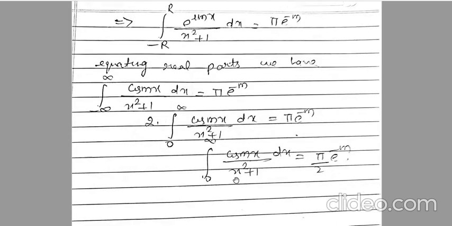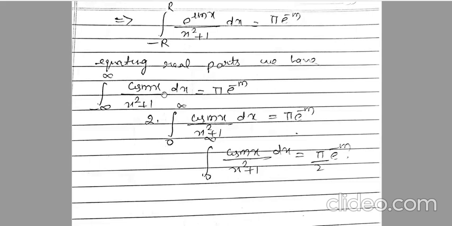Now cos mx is an even function, x square plus 1 is an even function. So you can break minus infinity to infinity into 2 times 0 to infinity cos mx upon x square plus 1 dx, and 0 to infinity cos mx dx upon x square plus 1 is pi by 2 e to the power minus m. This is your final answer.